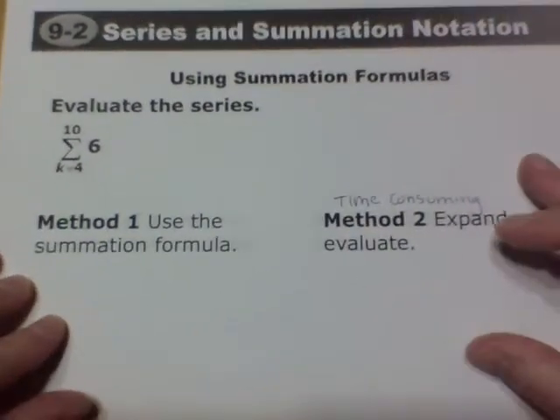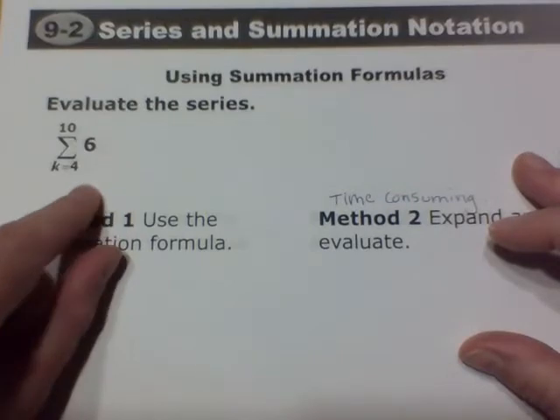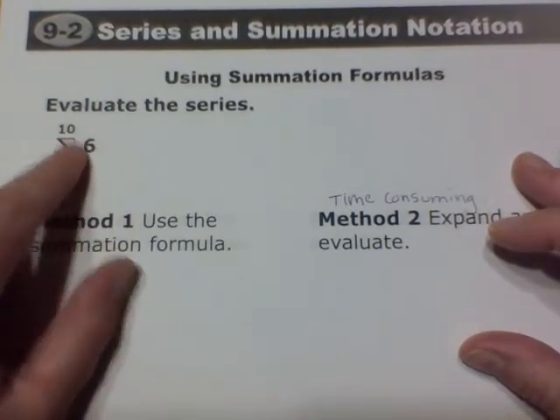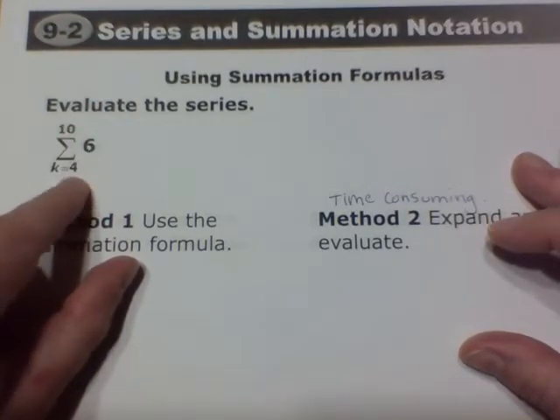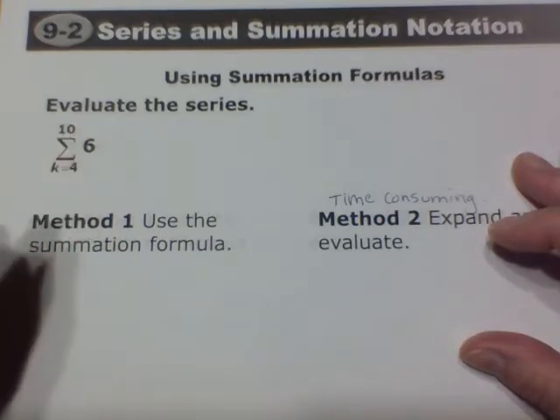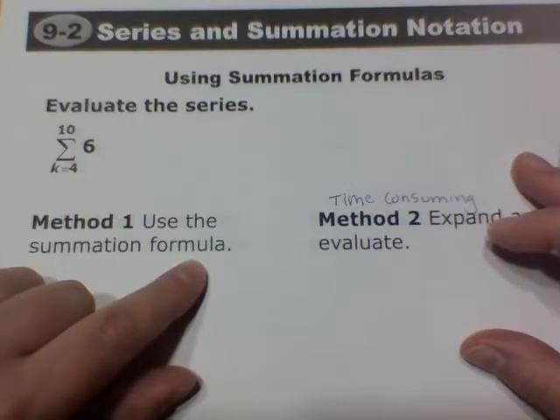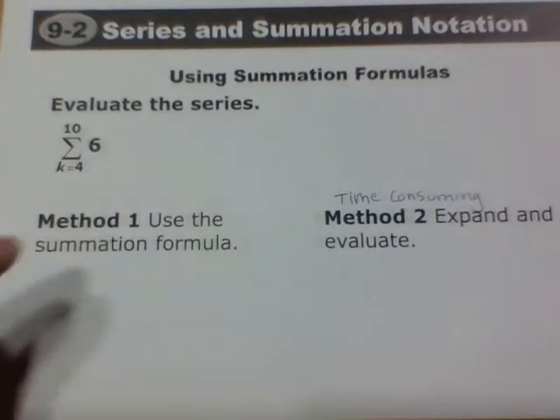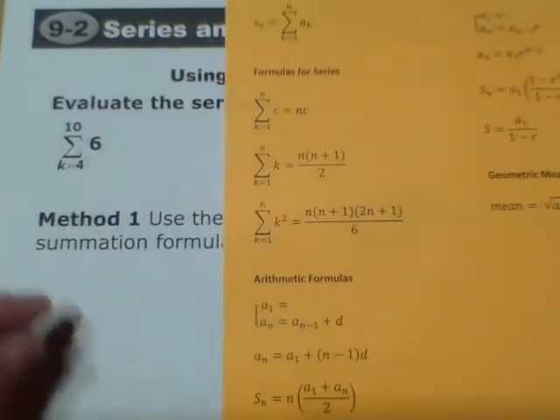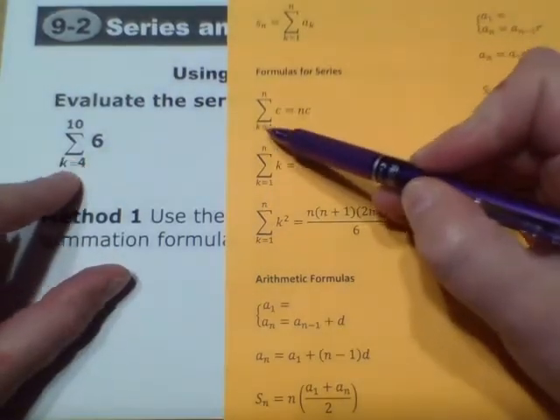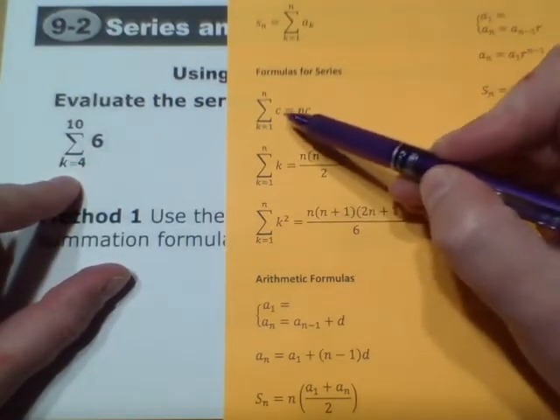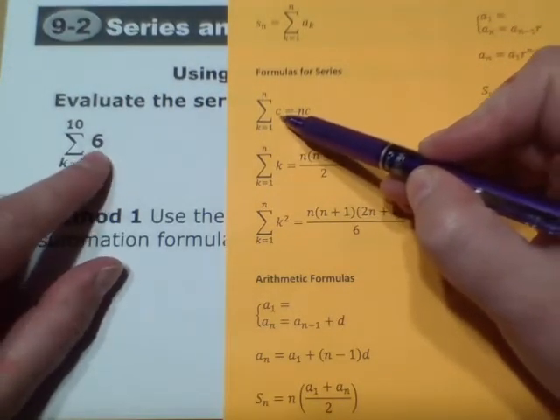Okay, so in this case, notice that we are basically taking the number 6 and we're going to add it a few times. It looks like we're going to add it 6 times, but we're actually going to add it 7 times. So we're going to use the summation formula to get there. And you'll notice that this is a sigma. It doesn't necessarily start at 1, but it does have just a value.